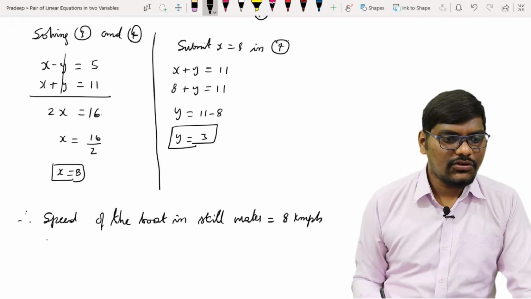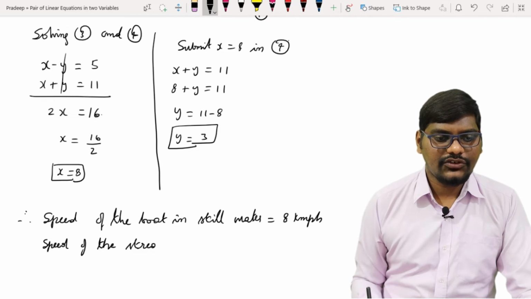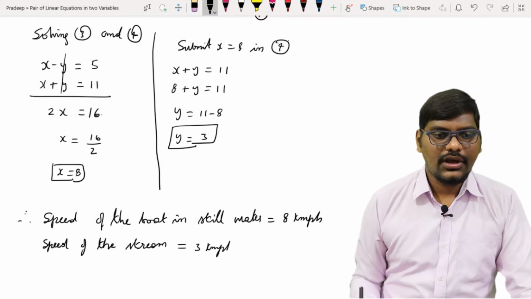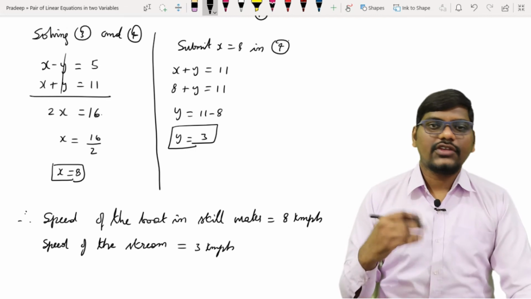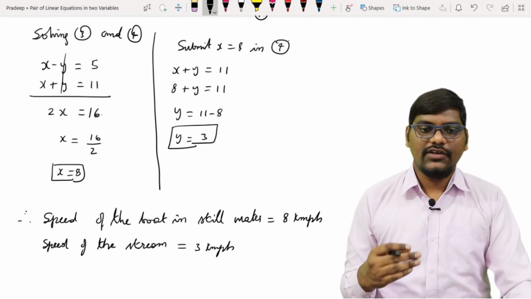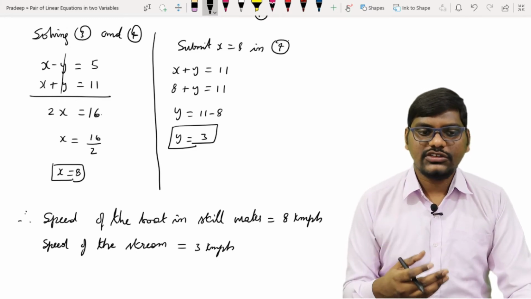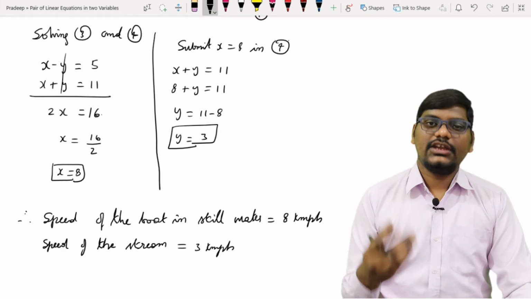Okay, so now speed of the stream is the next thing, that is speed of the stream, that is y, which we got 3, so that we can write 3 kilometer per hour. Okay, so this is all about the first question. So they asked us to find out the speed of the boat in still water, that we got 8 km per hour, and they also asked us to find out the speed of the stream, that we got 3 km per hour.